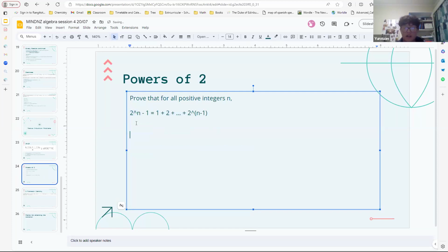Another way you could look at this problem would be to just look at it in binary. So what would the right-hand side look like in binary? It would look like 1, 1, 1, 1, 1, dot, dot, dot. And then what would the left-hand side look like in binary?